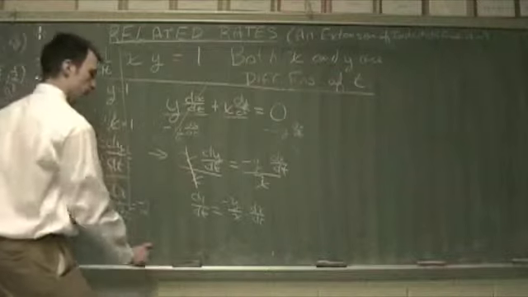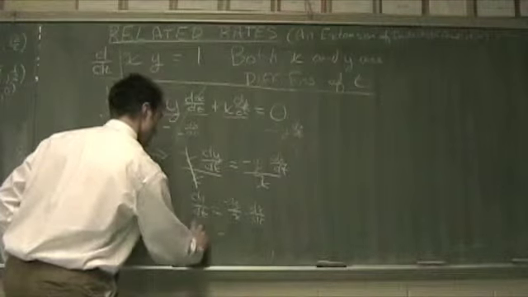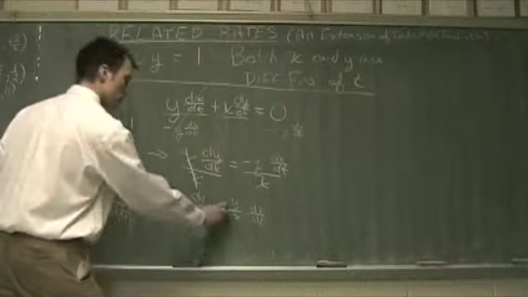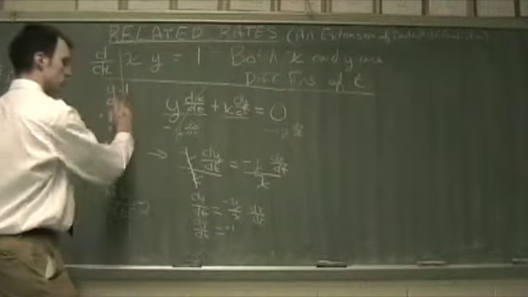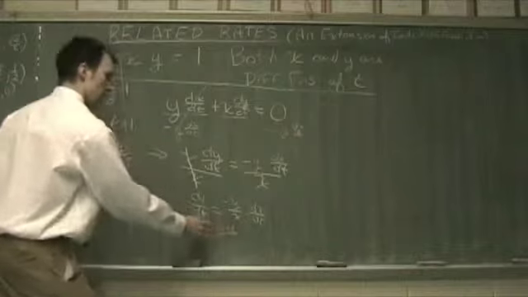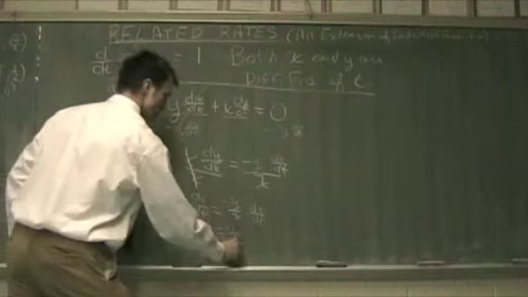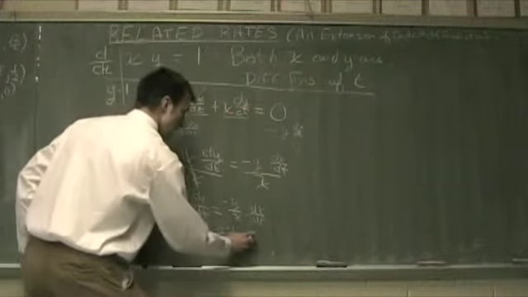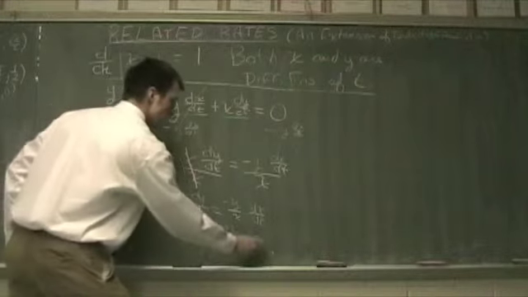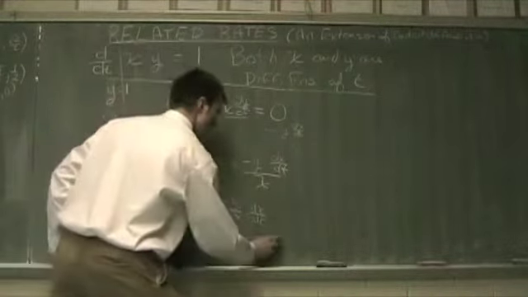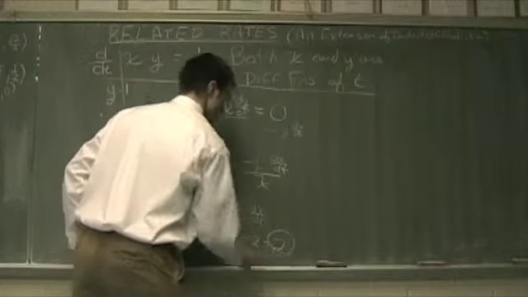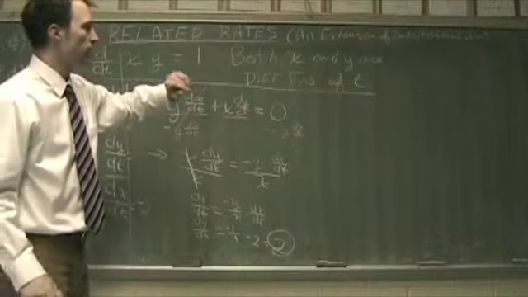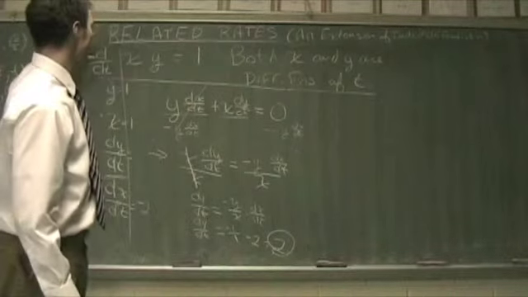So we can evaluate this as dy/dt is equal to a negative 1, because y was our 1 value, and x value of 1. Okay, and we're changing at a rate of a negative 2, and so dy/dt is equal to a positive 2. Okay, so related rates, an extension of implicit differentiation.